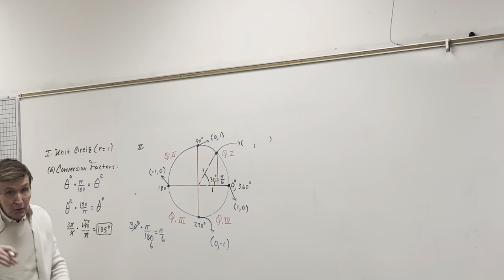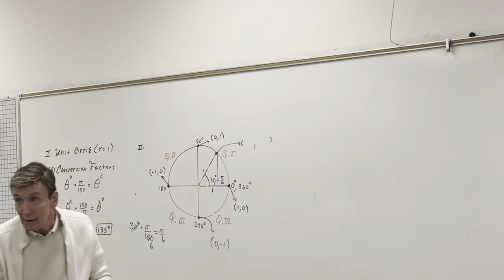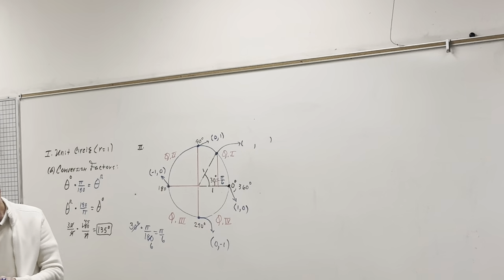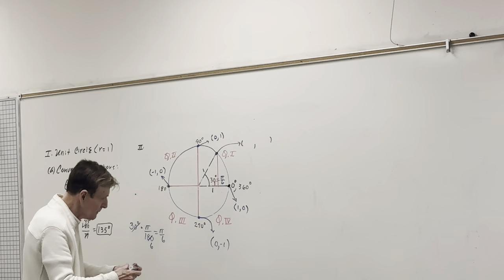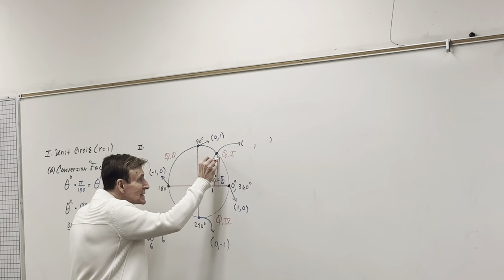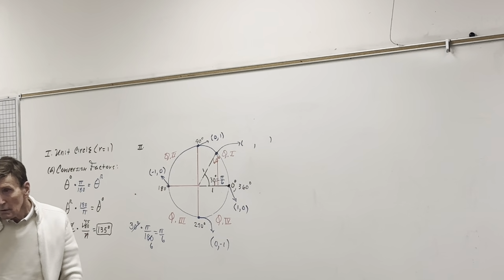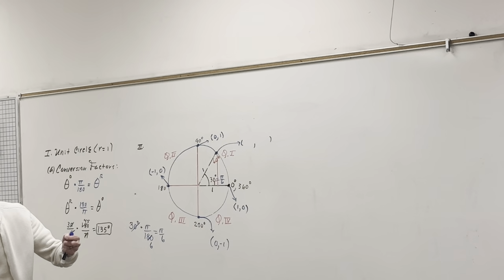If I constructed a right triangle, that angle at the top is an angle of what size? 60. Put that in red. This is a 30-60 right triangle.